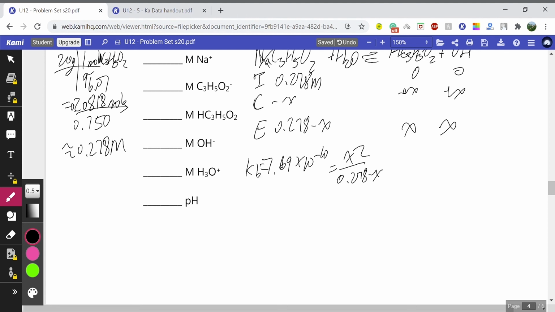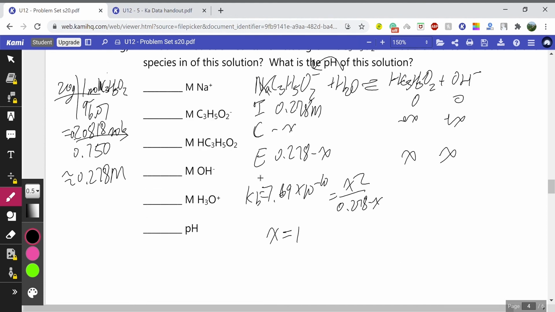Now we're going to use y equals x squared divided by 0.278 minus x, subtracted by 7.69 times 10 to the negative 10th. Graph it, and this will give us our x value of 1.46 times 10 to the negative 5th power. Now that will be our x for this, and we'll be subtracting this over here as well.